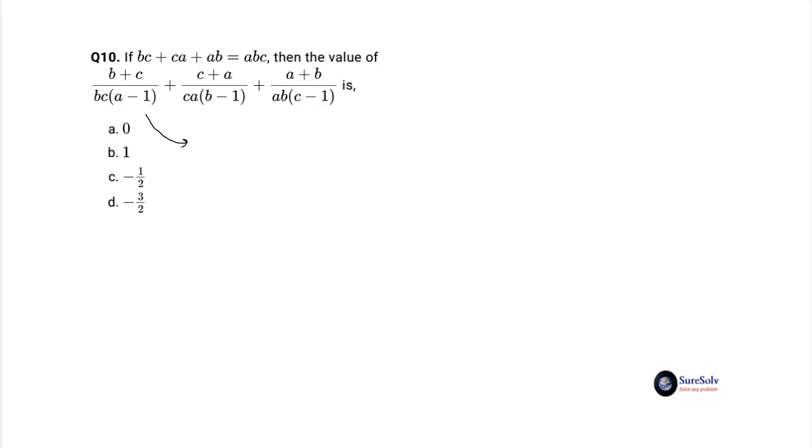Once you locate it, you do not hesitate for the substitution of ABC minus BC equal to CA plus AB equal to A multiplied by B plus C in the denominator of the first fraction term. You do the same for the other two terms and reach very near to the solution. The result is B plus C divided by CA plus AB plus C plus A divided by AB plus BC plus A plus B divided by BC plus CA.